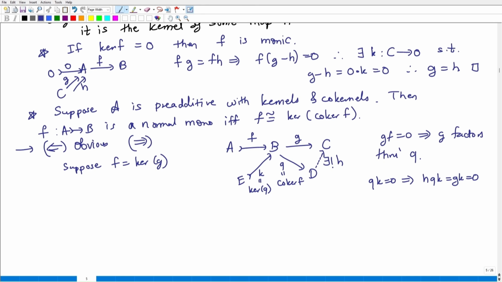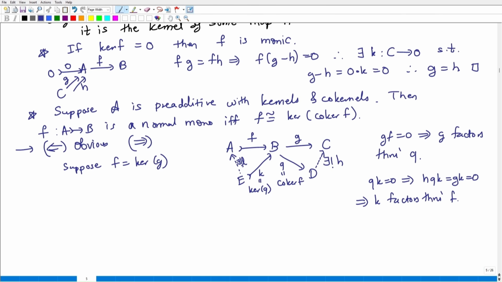What does that mean? Therefore K factors through F, which means there is a morphism from E to A. Very good. Let me call that L.